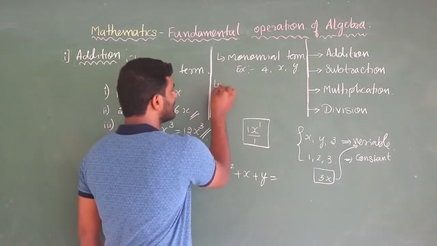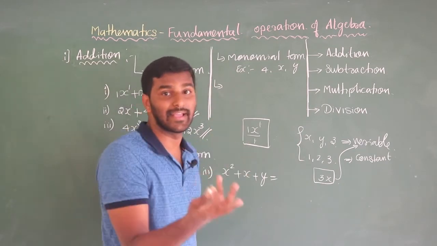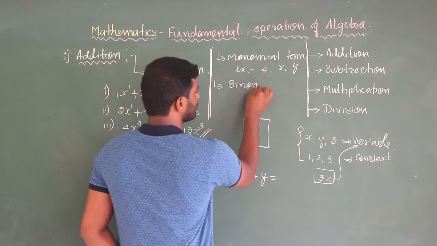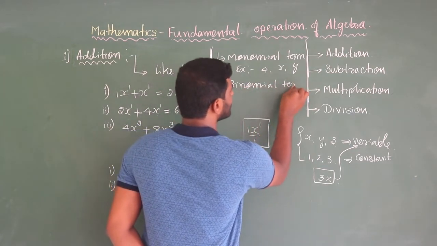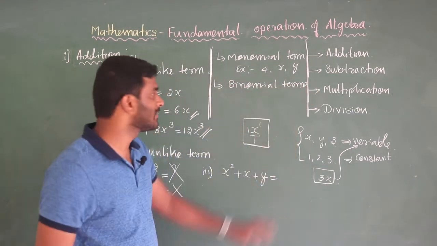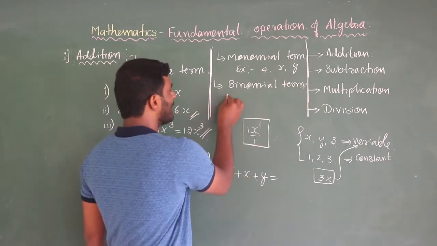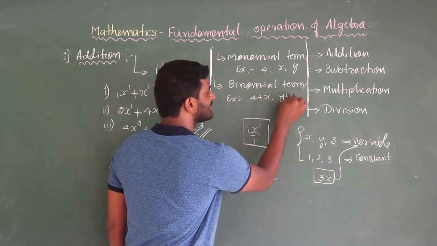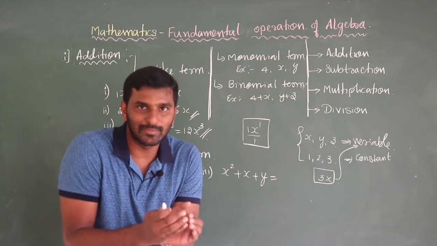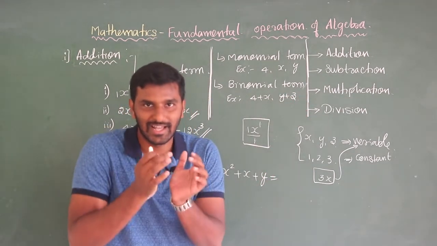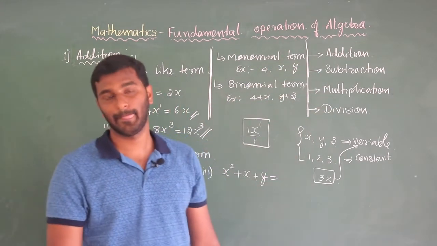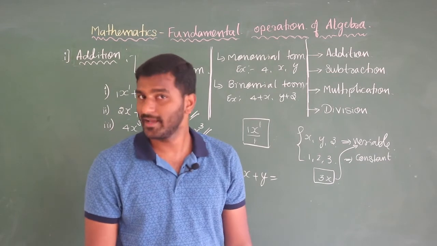If it is two terms, bi is nothing but 2, right? So it is a binomial. For example, 4 plus x y plus z, two terms. An algebraic expression containing two terms is known as a binomial. Clear?